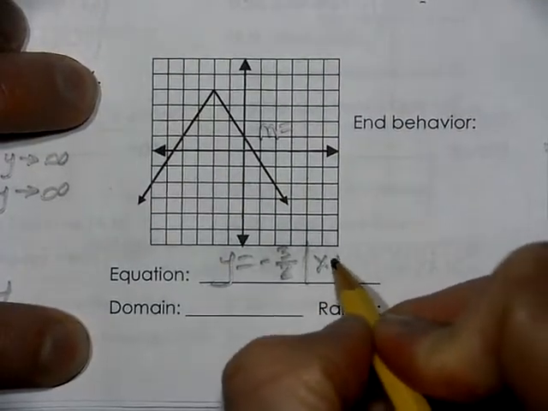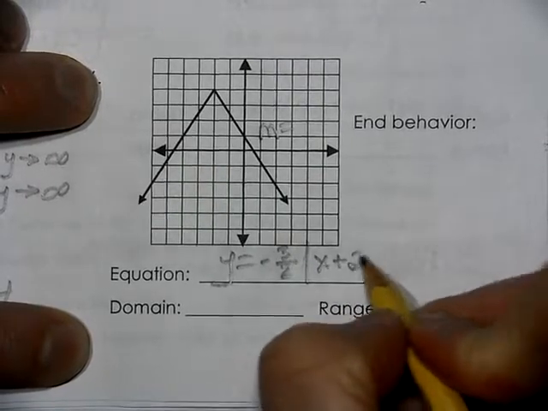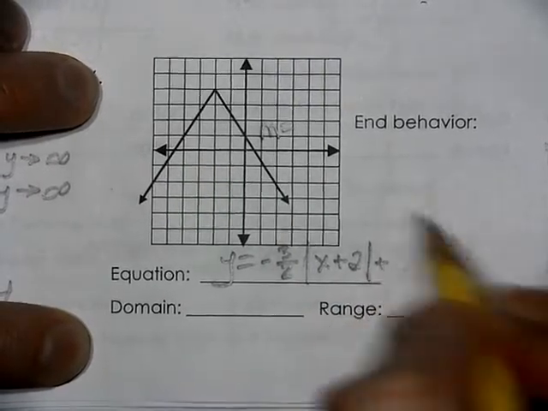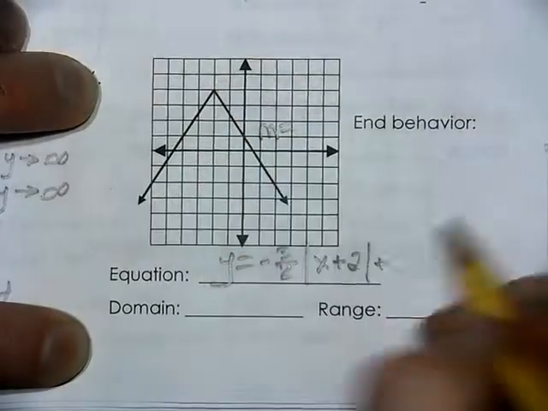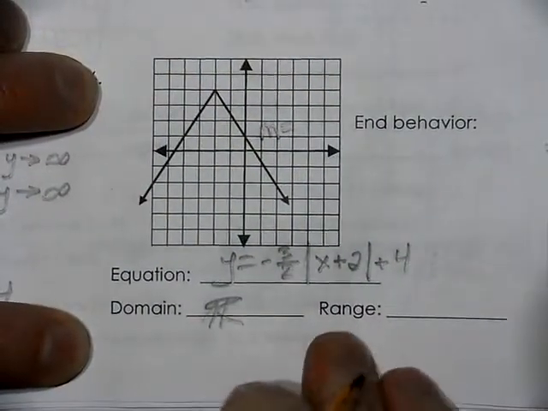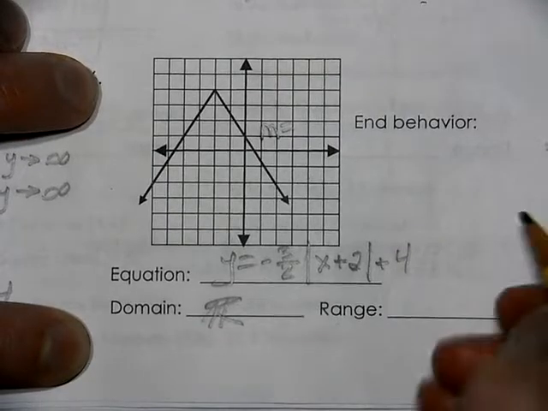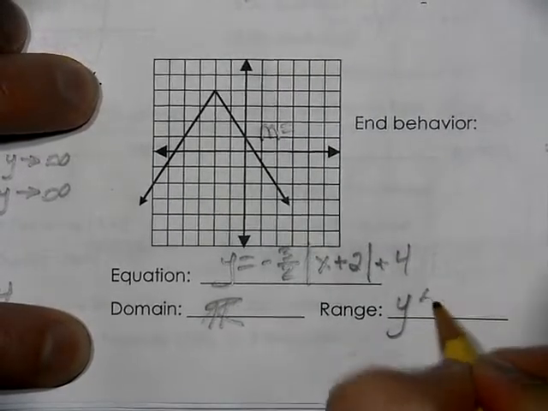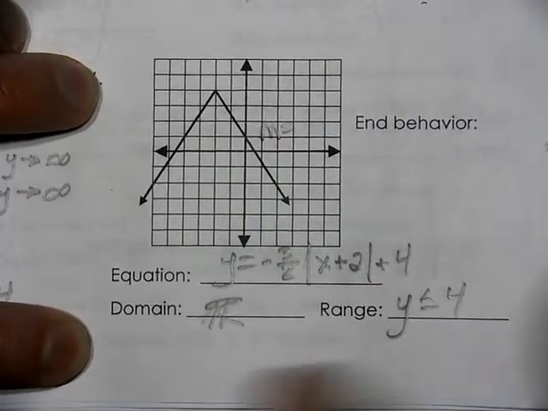It's translated to the left 2 and up 4. The domain is all real numbers, and our range are the y values less than or equal to 4.